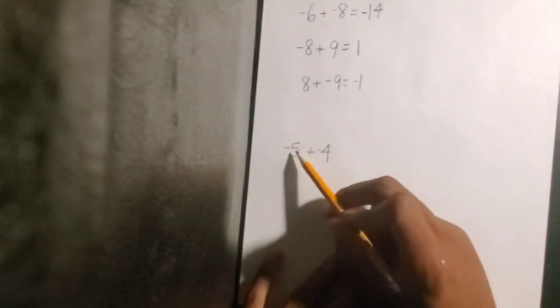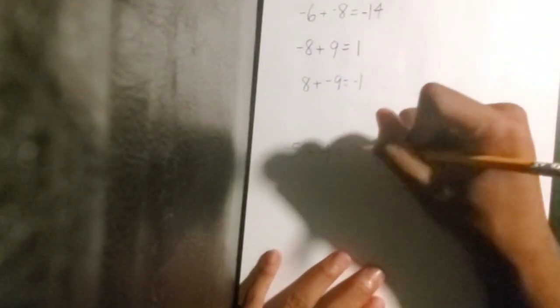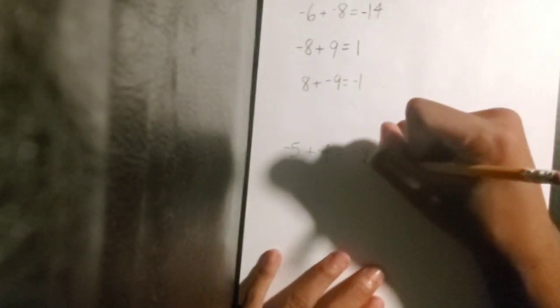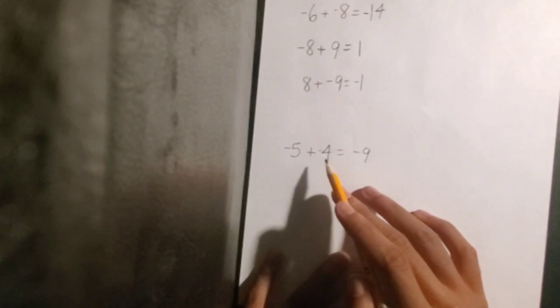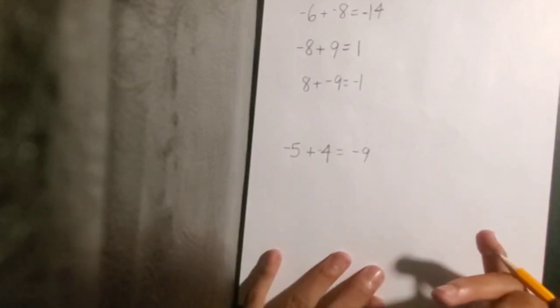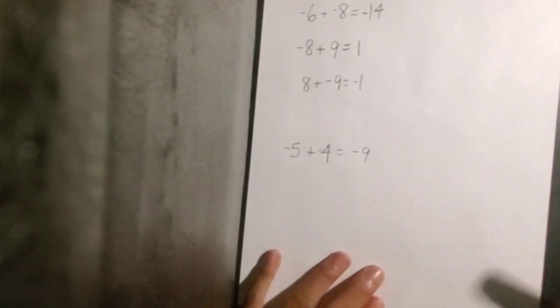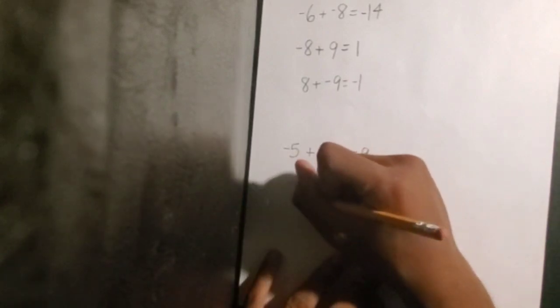So negative 5 plus negative 4 equals negative 9. If you do subtractions with negatives and positives, we have to do keep, change.